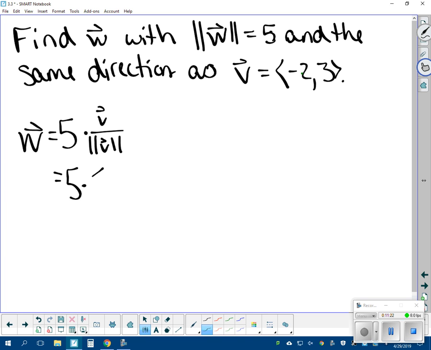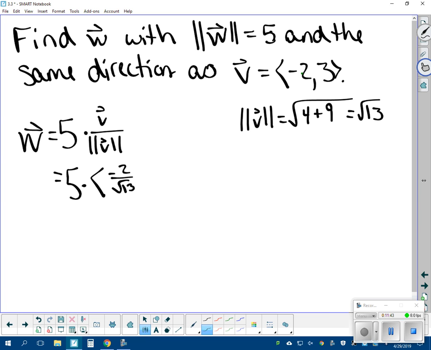Well, in order to find the unit vector, we need to do our distance formula. Okay, so we've got to find that magnitude. So we've got negative 2 squared would be 4, plus 3 squared would be 9, so we've got the square root of 13. So we've got negative 2 over the square root of 13, and 3 over the square root of 13.